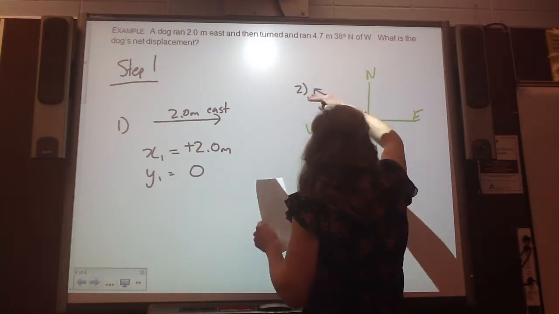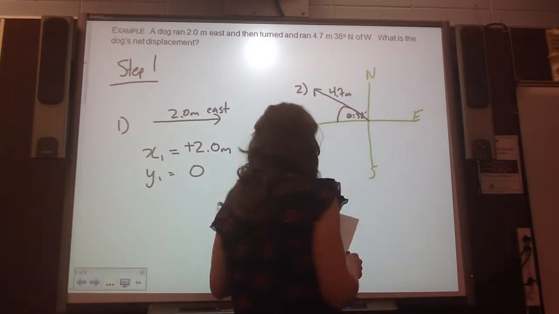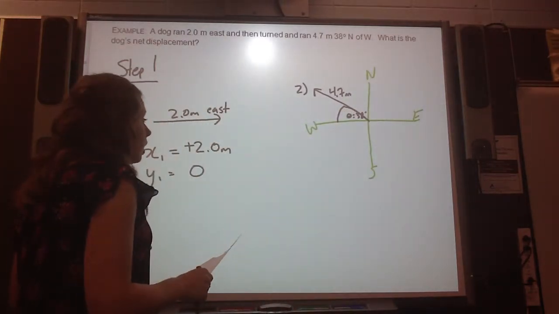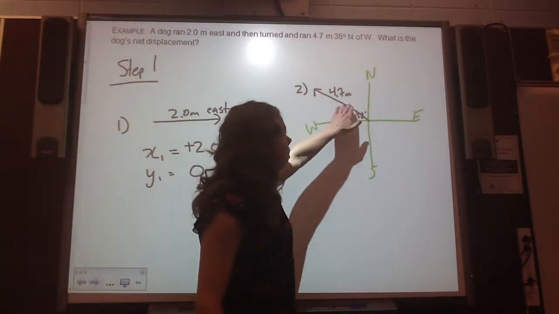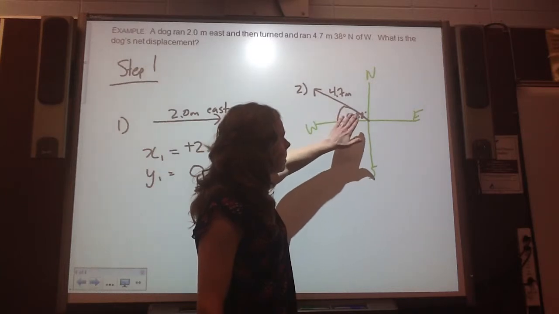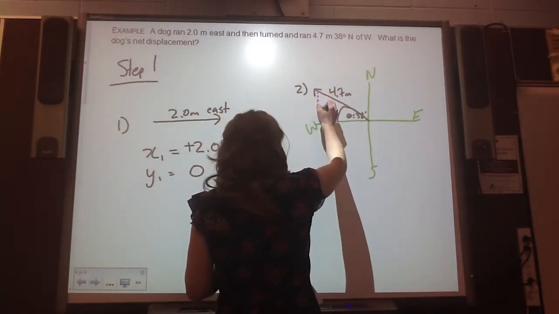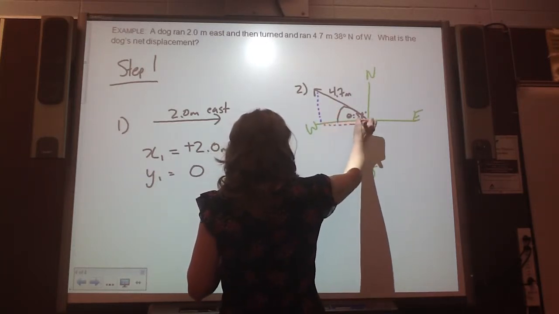And the vector magnitude on that is 4.7 meters. So I know that my overall resultant vector is 4.7 meters. But now I need to break it down into its y component and its x component.